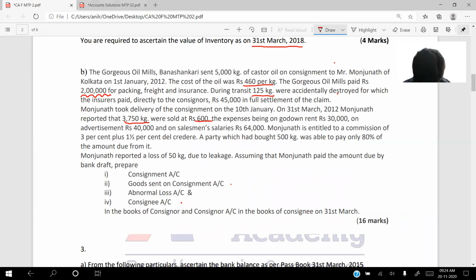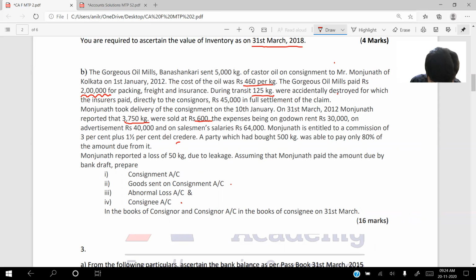So what are they given after that? A party which had bought 500 kgs was able to pay only 80%. Some customer who bought 500 kgs, how much would they have to pay? 500 kgs into the selling price of 600, so that's 3 lakh. The person who was supposed to pay 3 lakh could only pay 80%.